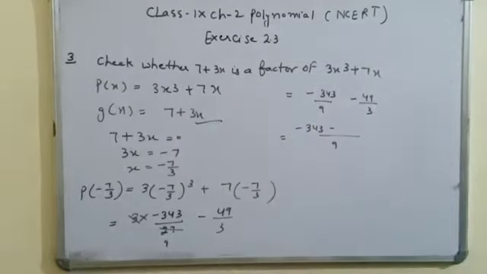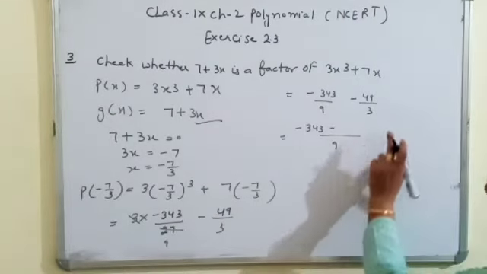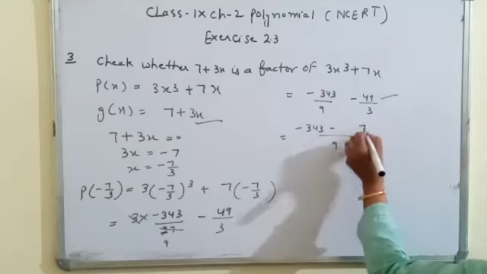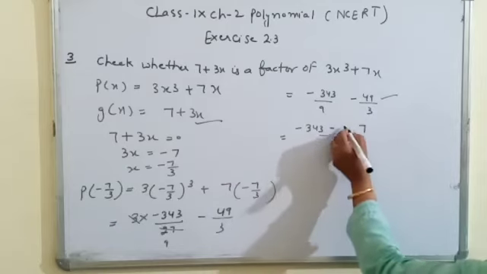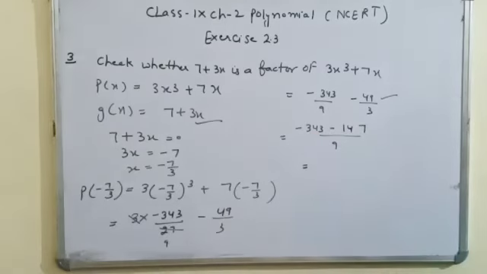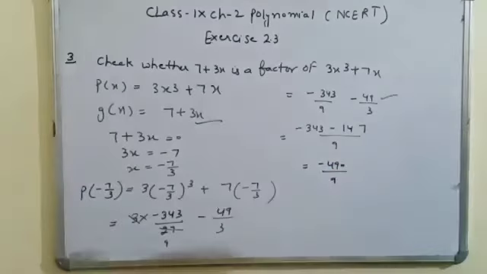Minus 343, then we divide 9 by 3, that is 3, so multiply 49 by 3, that is 147. Minus 343 and minus 147, that is minus 490. 490 by 9 is the remainder.